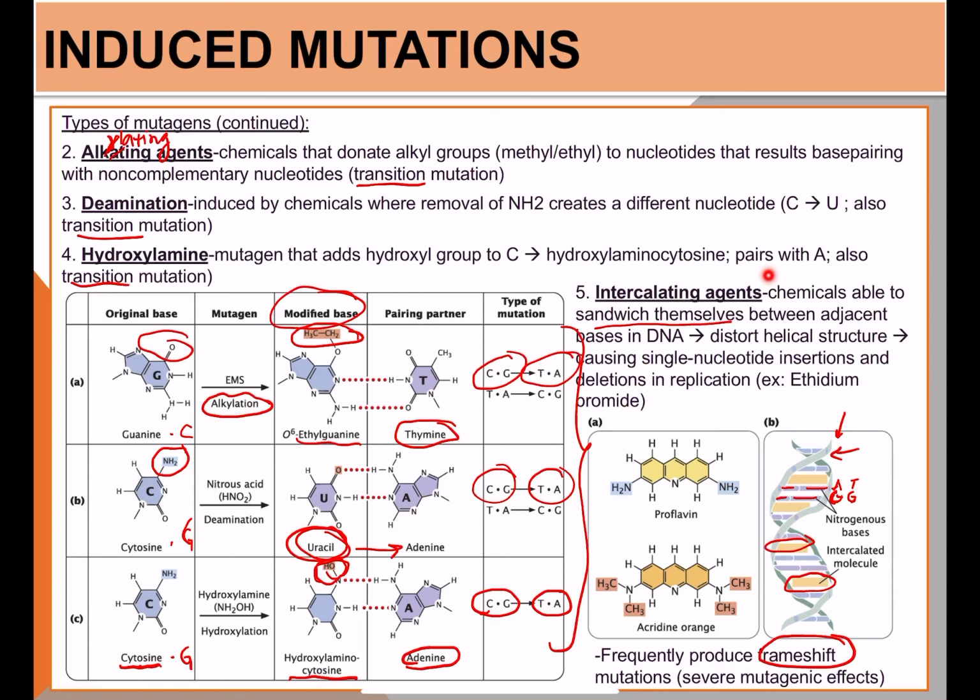Okay, you will have a severe mutagenic effect if you're talking about intercalating agents, and that's why in your lab exercise last week with gel electrophoresis, there was a question that asked you about using ethidium bromide versus methylene blue. Why do we use methylene blue?